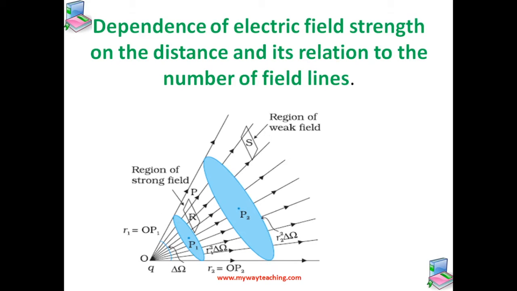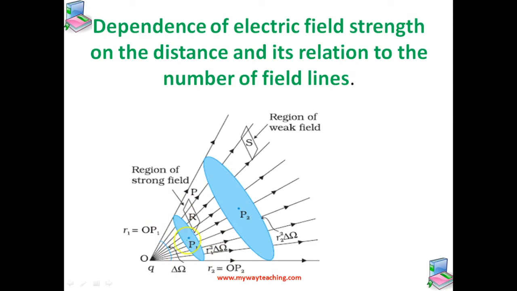And this figure also shows some set of field lines. Here we can imagine 2 equal and small elements of area placed at points R and S, normal to the field lines. Here you can see at point R a small area, and at point S we have imagined a small area. And the number of field lines in our picture cutting the area elements is proportional to the magnitude of field at these points.